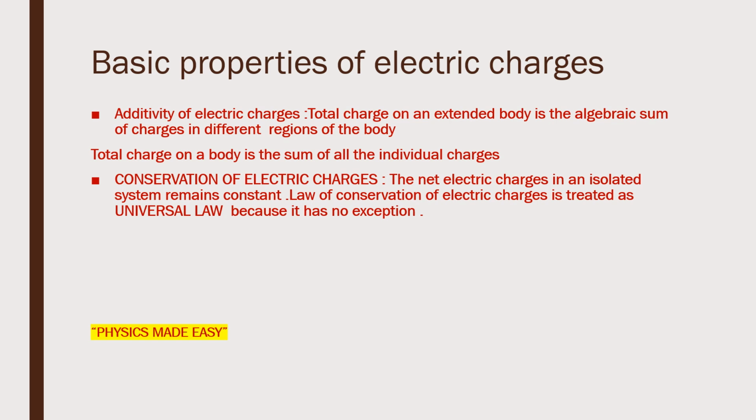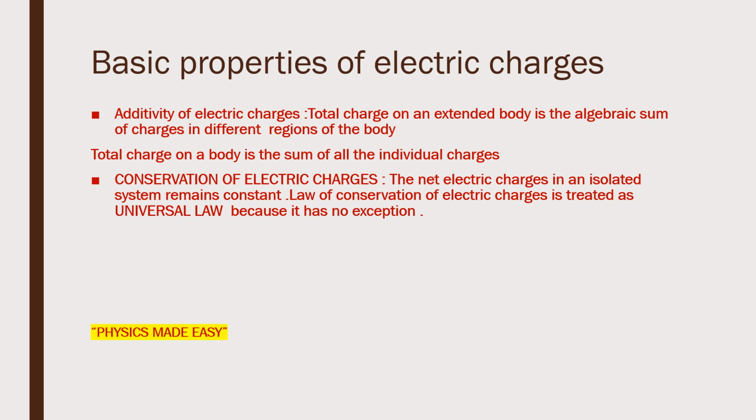The second property is the conservation of electric charges. According to the law of conservation of electric charges, the net charge, that is the algebraic sum of positive and negative charge in an isolated system, remains constant. The law of conservation of electric charges is treated as a universal law because it has no exceptions.